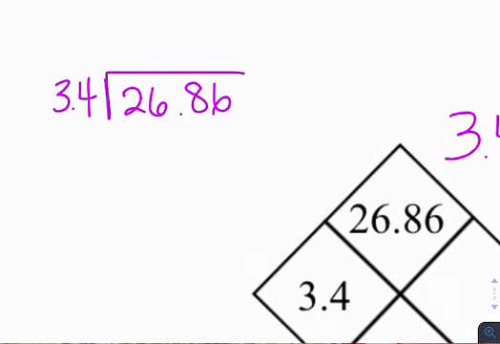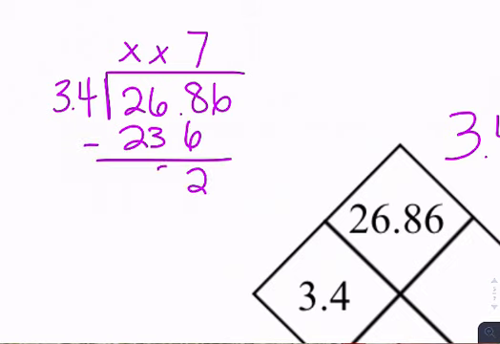I'm going to do 34, doesn't go into 2, doesn't go into 26, but 34 does go into 268. It goes in 7 times. And 7 times 34 is 236. So now I'm going to subtract. Doesn't go into 32, bring down the 6.